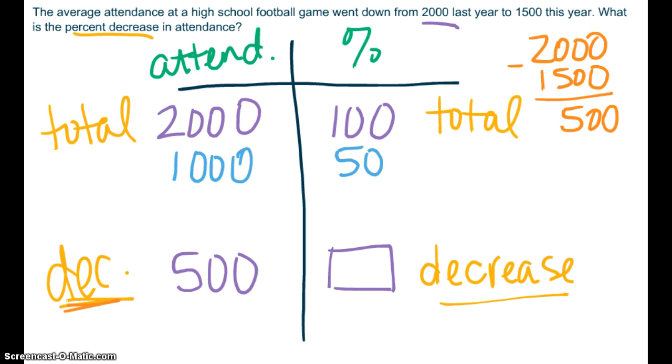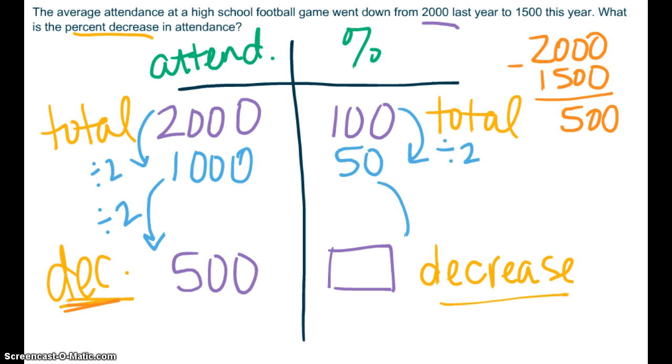And now, oh look, I know that I can divide by 2 again. So let me show divide by 2. And over here, I could divide by 2. I'm going to divide by 2 here. Now I have to divide 50 by 2. And what is my actual decrease? It is 25%.